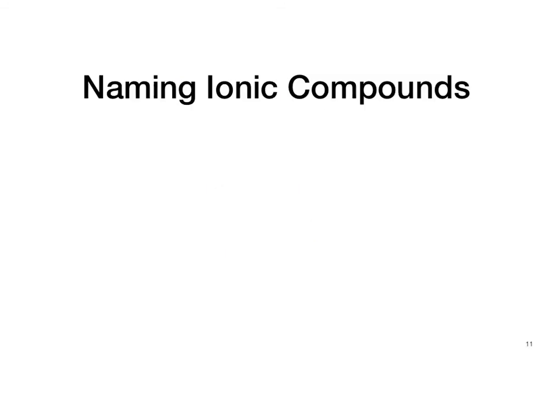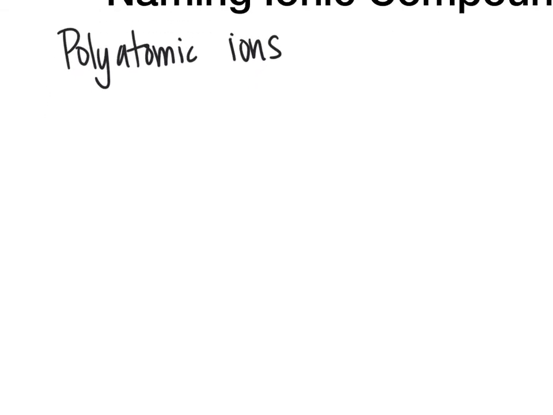Now, sometimes we're going to see a lot of things called polyatomics. So polyatomic ions are compounds that have multiple elements together. So these are things like nitrate, NO3-, sulfate, SO4 2-. So this is our nitrate ion.